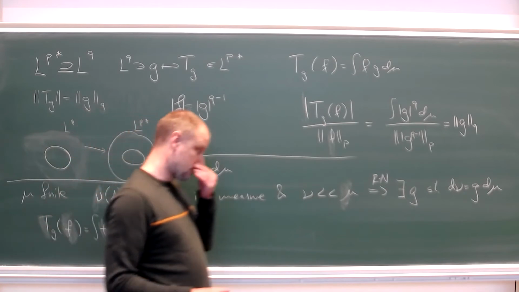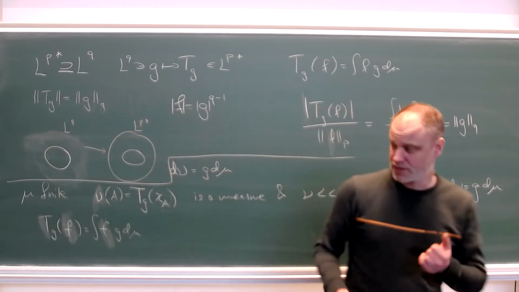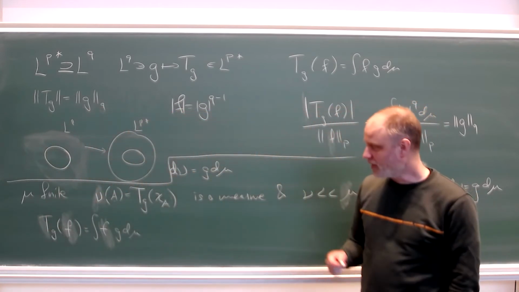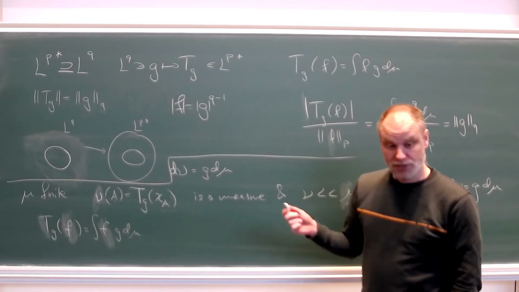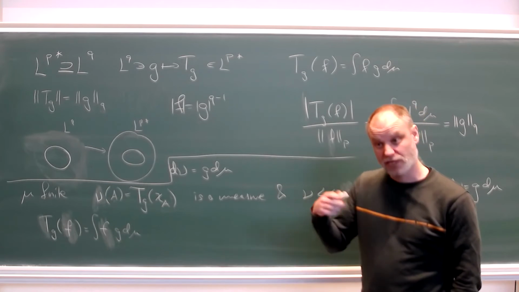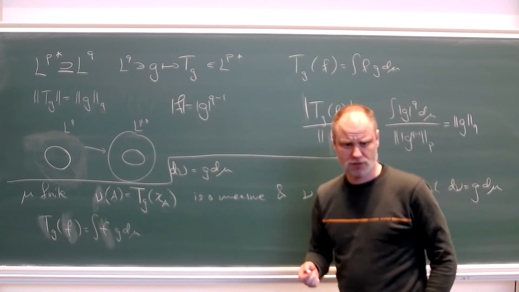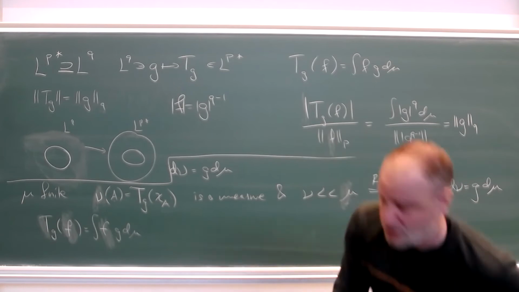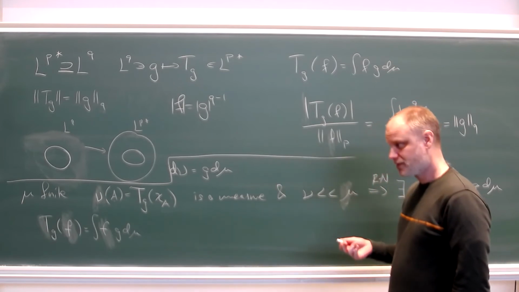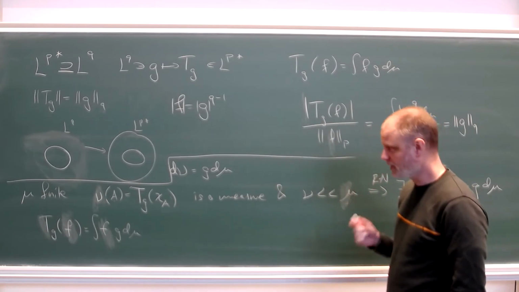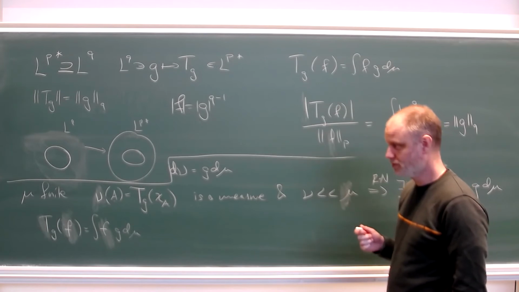The problem is that we don't know that g is in LQ. We know it's in L1, but LQ is a smaller space when mu is a finite measure. Okay, so how do we do that? And here is a very clever trick they do.